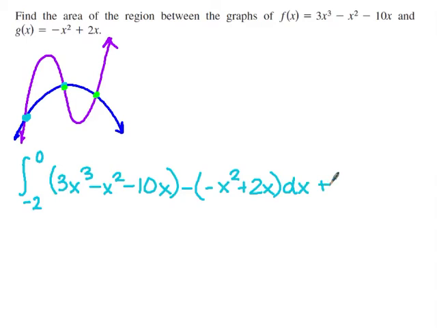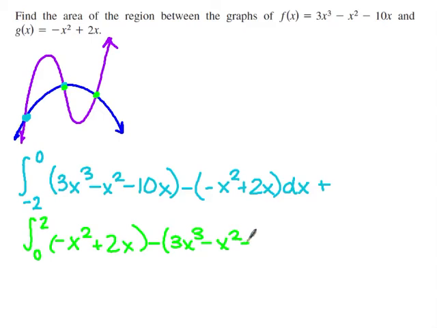And I'm going to add to that the integral in green. Where will the green be from? So the integral will be from 0 to 2 on this one, and that one will actually be the reverse: -x squared plus 2x minus 3x cubed minus x squared minus 10x.